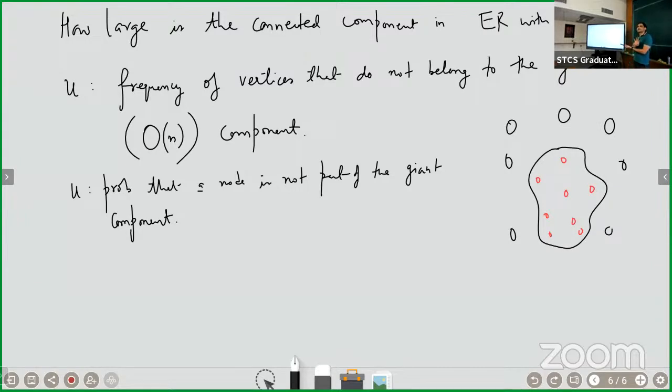Think of the opposite. If U goes to 1, what happens to the giant component? Exactly. So that's what we're after. Depending on U, something is going to happen to the giant component. So when does U go to 1? That's really what we're after.